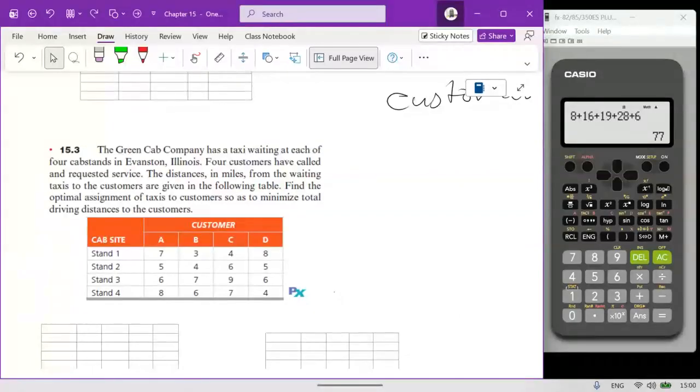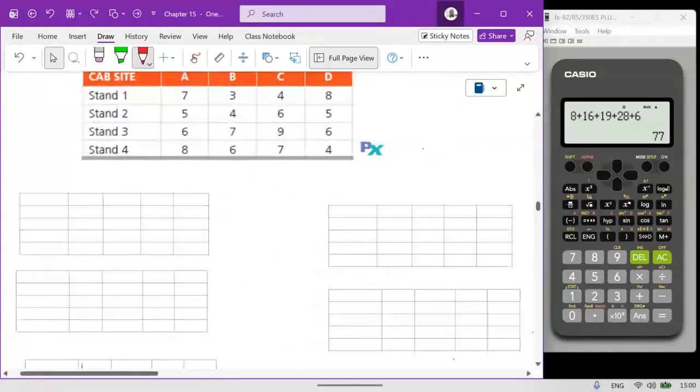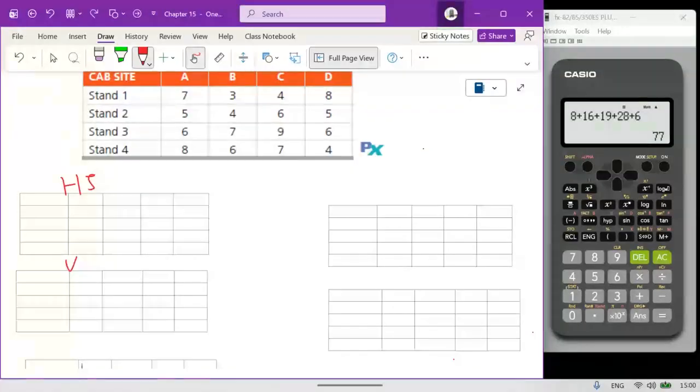So, first rule, subtract horizontally. Horizontal subtraction depends on how you want it, or vertical subtraction. First things first. Then you do this next part. I need to zoom out more.